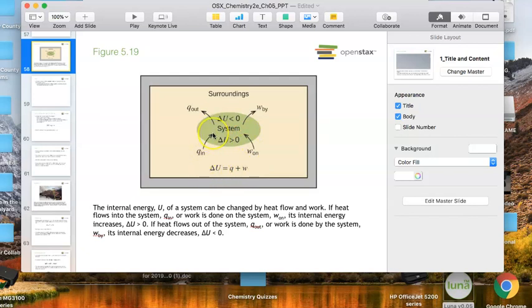When heat goes into the system, or it's endothermic, or when you have work that's positive and it's done on the system. And then if the heat is flowing out, it's a negative value there. Okay, or when work is done by the system, then you end up having an internal energy that's less than 0.